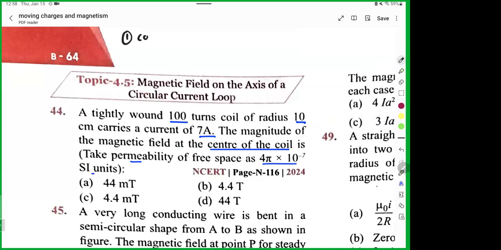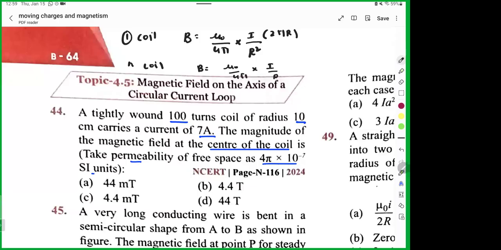So 4.4, for millitesla. For one coil, B is equal to mu naught upon 4 pi, I by R square, into 2 pi R. If you have n number of coils, then your magnetic field will be mu naught upon 4 pi, I by R square, n into 2 pi R. Understood?